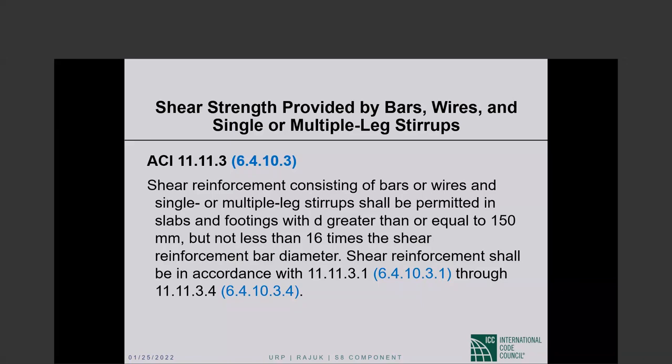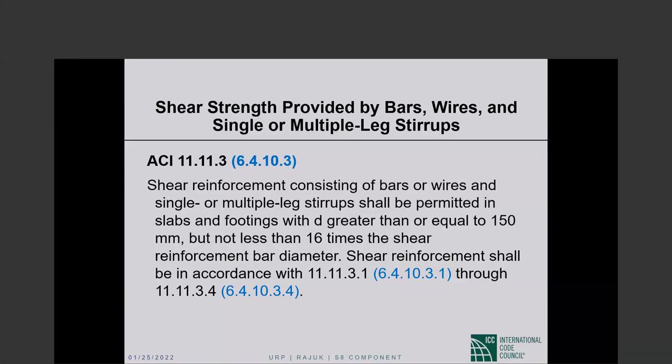This came up in discussion yesterday, remember? And I said I thought the minimum thickness was 6 inches or some function of the bottom. Anyway, so it is actually 6 inches. In thinner slabs, you will not be allowed any shear reinforcement.